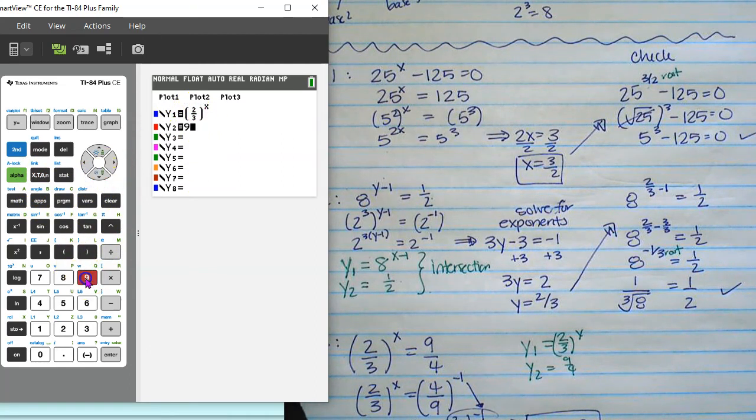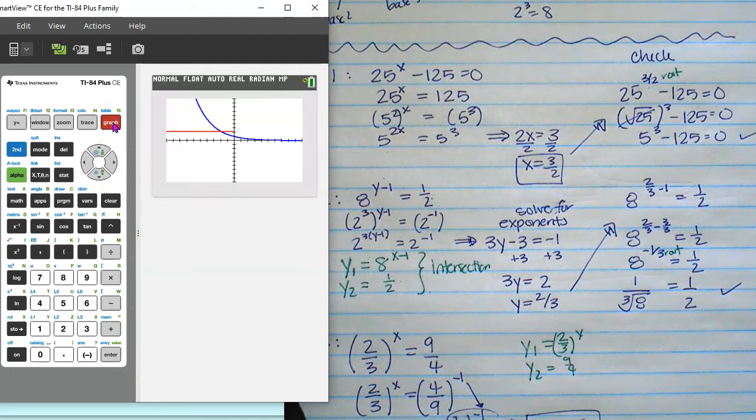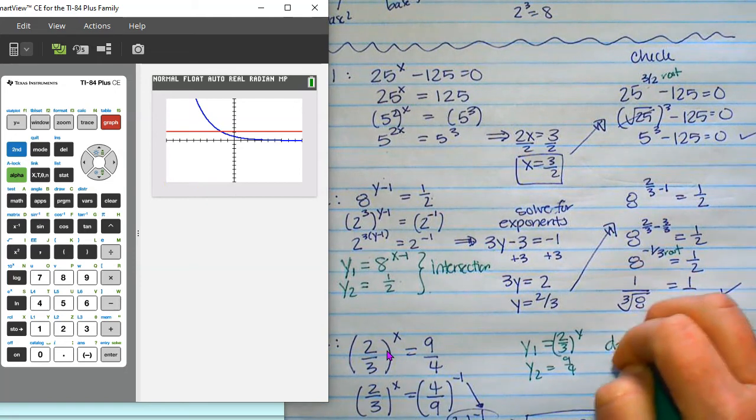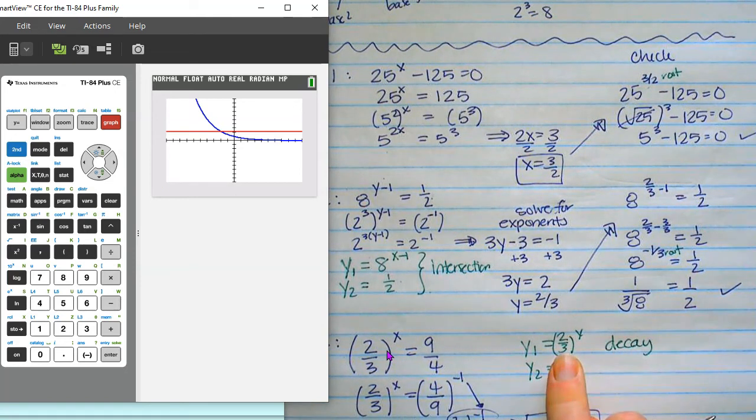The second one is 9/4, which you can do as a fraction, or you can just write it as 9 divided by 4, and graph these two. Notice how this is decay, because the base is 2/3, which is less than 1. So this is decay. It crosses 9/4, and it should be at -2.